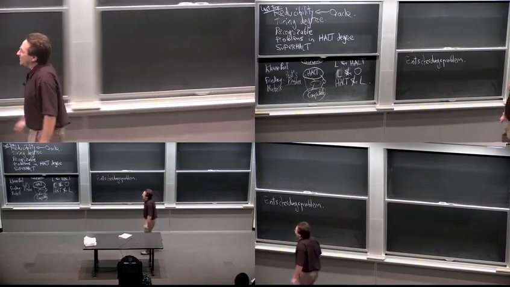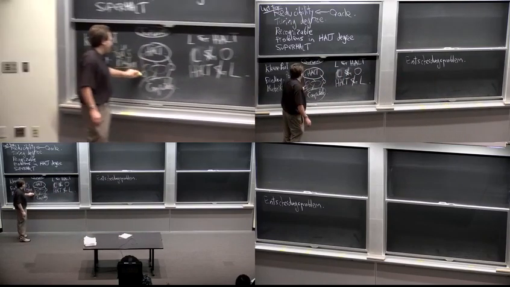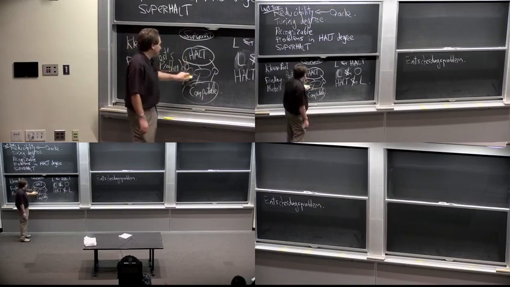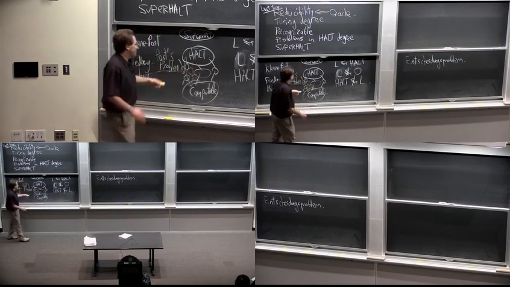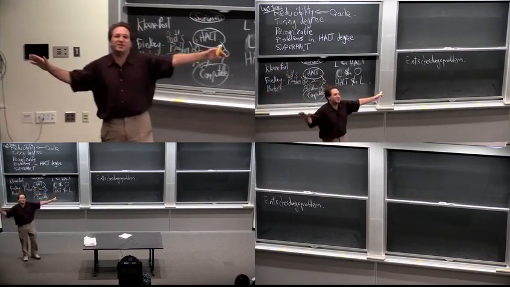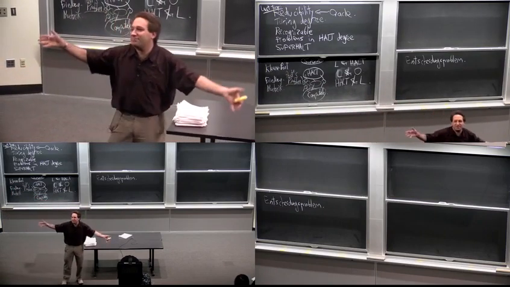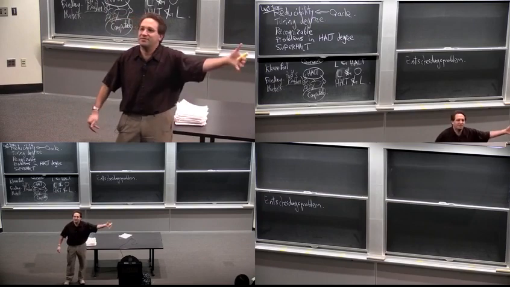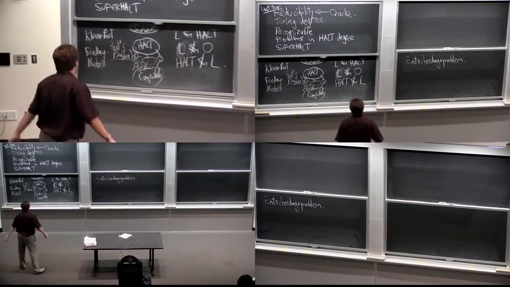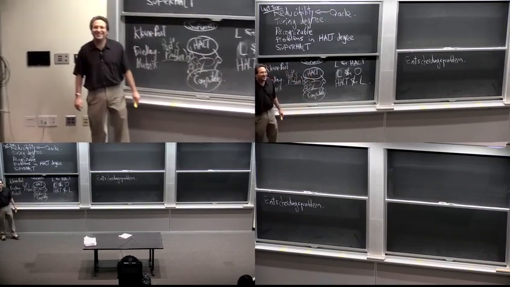Since then, computability theorists have found that there are infinitely many Turing degrees in between computable and the halting problem, and there's a lattice. There are multiple ones that are incomparable to each other. Meaning there's A and B, where if you had an oracle for A, it still doesn't let you solve B, but if you had an oracle for B, it still doesn't let you solve A. You can have that, and this structure has been studied in more detail than you can possibly imagine.